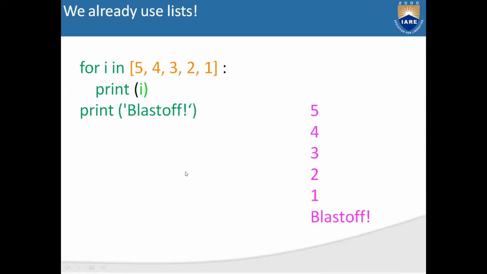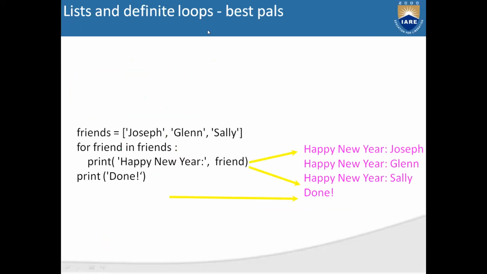Okay. Now, like this we are going to use lists and definite loops, which are going to be considered best partners actually. So now you observe one more thing here. I am assigning the values here. Friends: three names, three strings are assigned. For friend in friends, you observe these two. What is this friend?